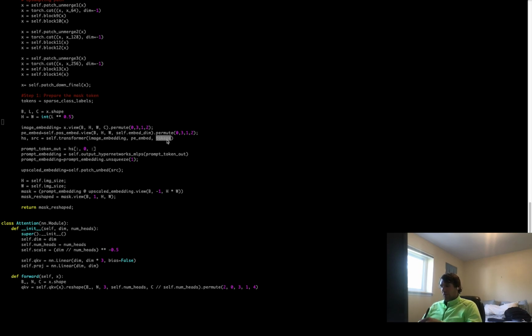They're not points. So they shouldn't have anything to do with that position embedding. So I just want to remove unneeded stuff from the transformer.